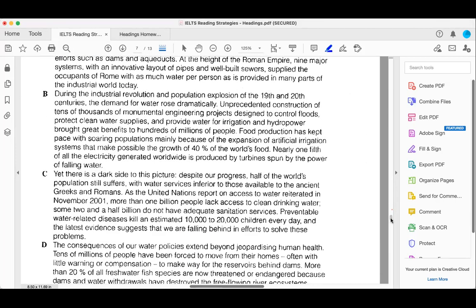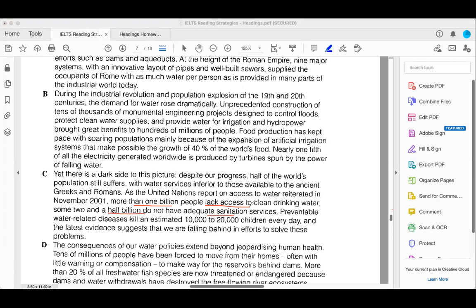What is the second sentence saying? What is the main sentence in the second sentence? This is the main sentence. We've got two main sentences. So what's the main idea here? The main idea is access to clean water, drinking water and sanitation services.